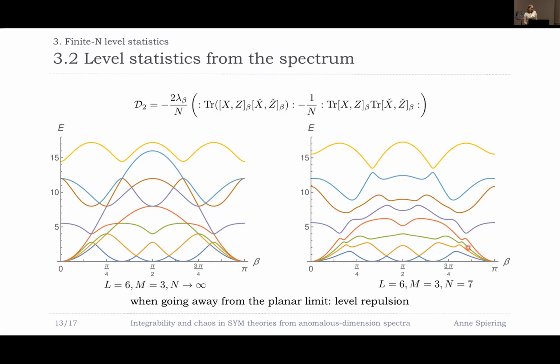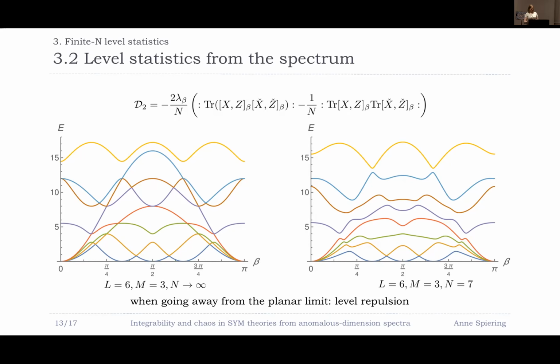Now in the finite n theory, already in the undeformed theory, certain degeneracies are lifted, but again here, if you turn on beta, a lot of states become unprotected. And so in general, you'll have bigger sectors. And another feature of the spectrum is that the levels, unlike here, where they were crossing, here they seem to repel each other. And this is already a sign of quantum chaos.